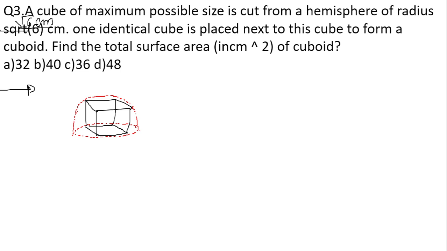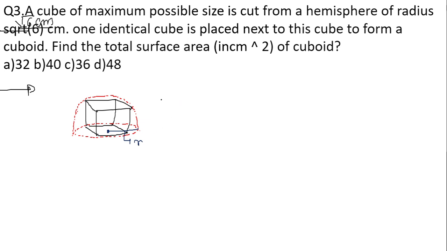So in this particular situation, the radius of the hemisphere from which we have made the cube is given to us, for example, the radius of the hemisphere is r. Try to understand the condition that there was one hemisphere, and cutting it down we have formed a cube of maximum possible size, and the radius of the hemisphere has been mentioned, which is equal to r.